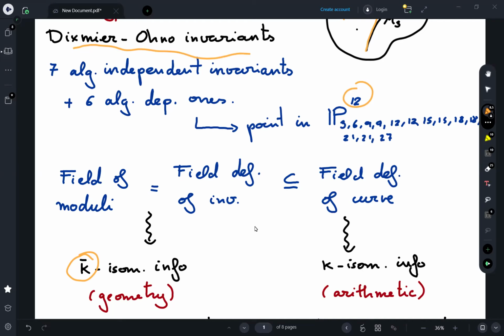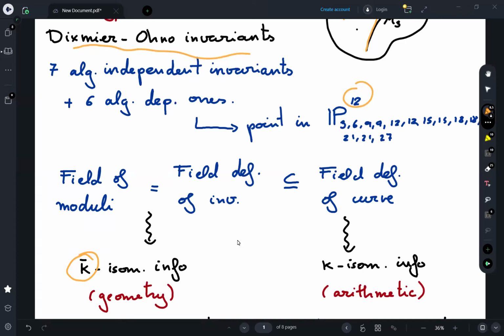Now, a natural question, and we'll see that unfortunately it is not always answered by a yes, is whether the field of moduli is a field over which you can define the equation of a curve with the given invariants.